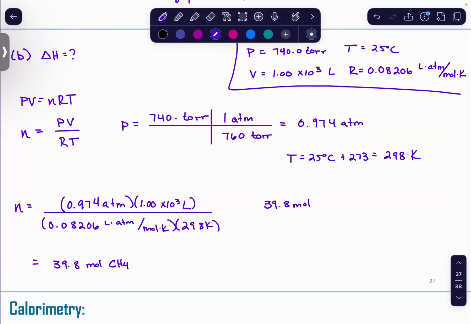And now we can say, well, 39.8 moles of CH4, and for every mole of CH4, I have a negative 891 kilojoules.